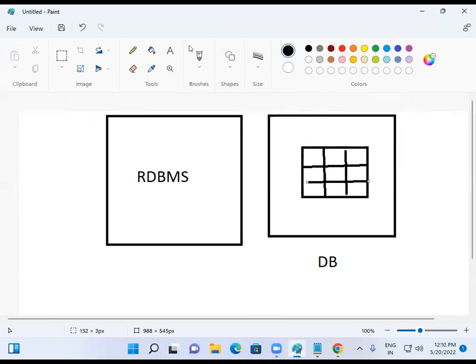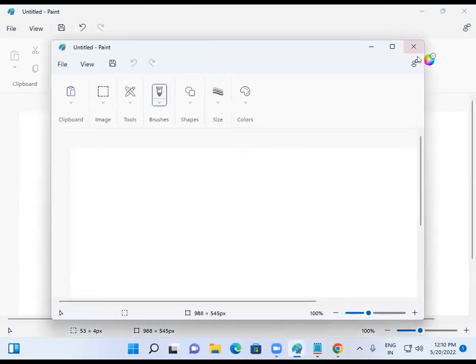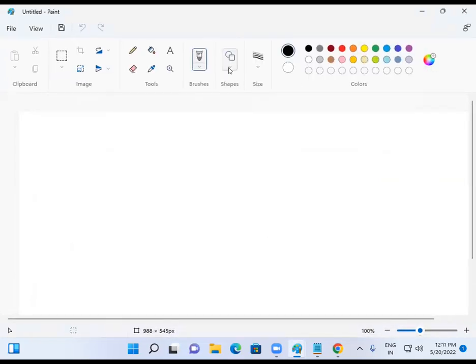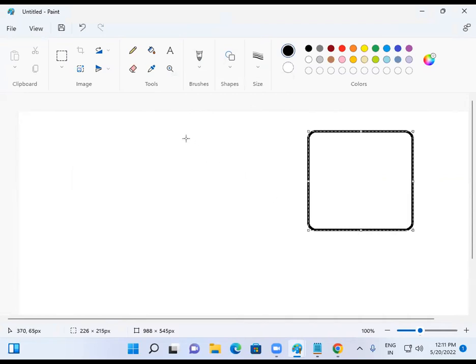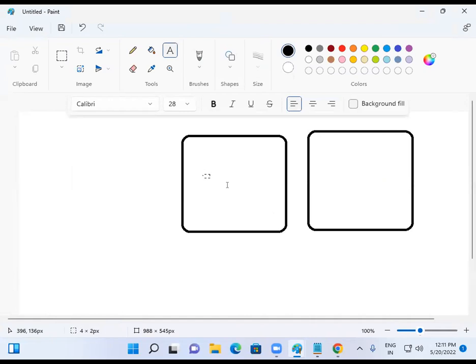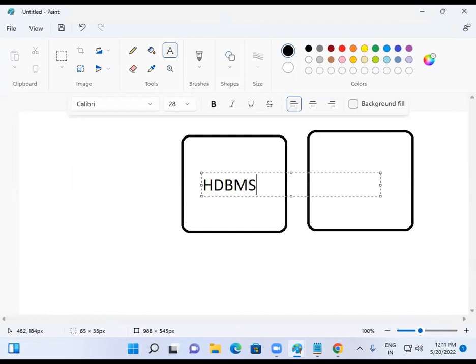Suppose it is not RDBMS, and you are using HDBMS instead.